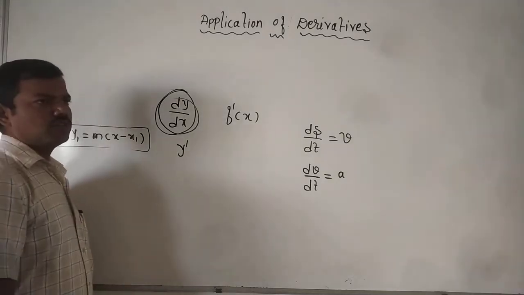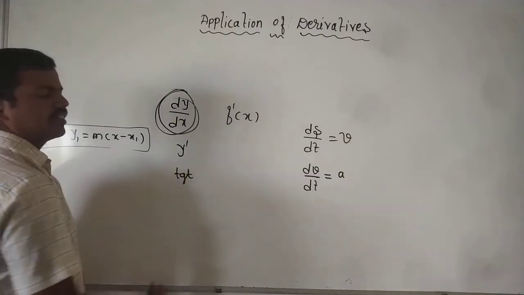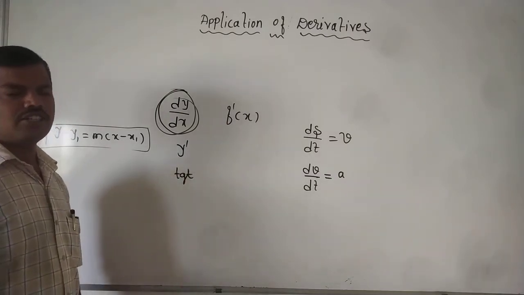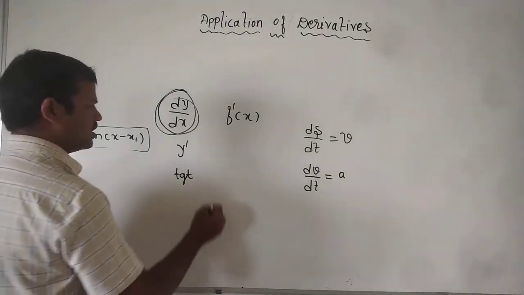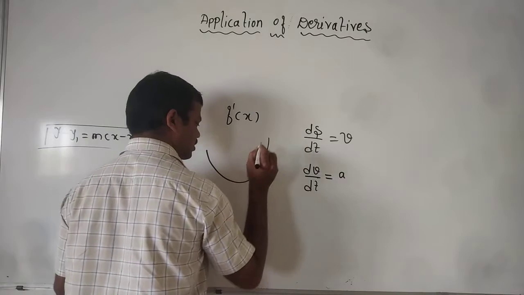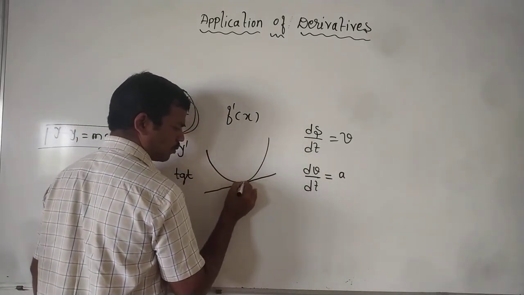Now we have to discuss the tangent: tangent to the curve, tangent to the circle. What is a tangent? A tangent is a straight line which touches the curve at a particular point.